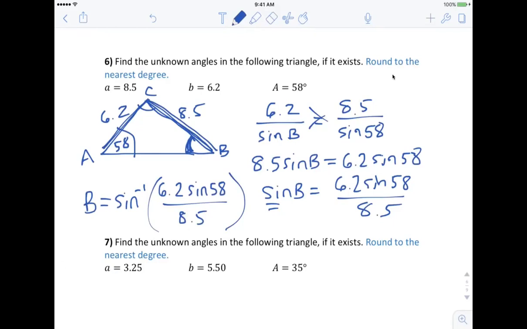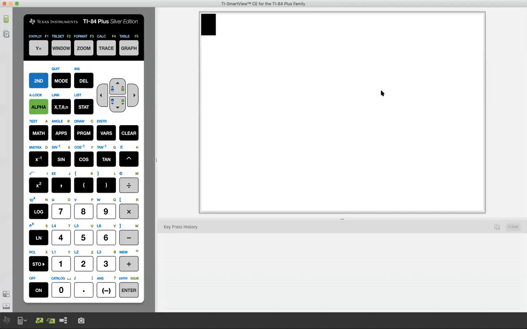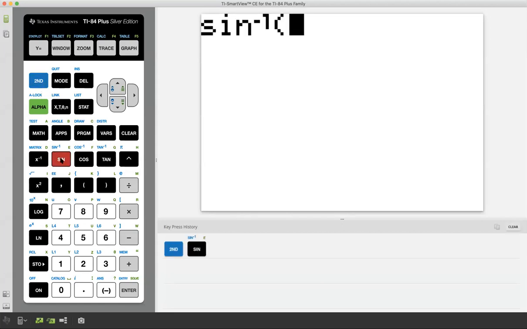I could bring up my calculator and try that. So here is my calculator. I've already put it in degree mode. And now I'm going to do first step sine inverse, and then within the parentheses, I'm just putting everything.